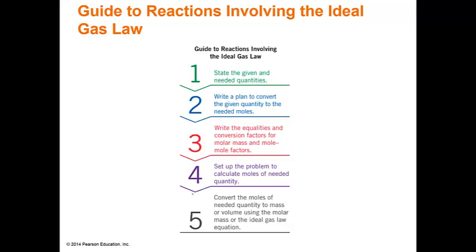Then we arrange our formulas, set up the problem, calculate the moles of needed quantity, and then finally convert the moles of the needed quantity to the mass or volume using the molar mass or the ideal gas law equation. Really, we've got 5 steps, but it's no more than a combination of all the things we've already been doing. So don't let this scare you. It's just one more step up the ladder. It's not a big deal.